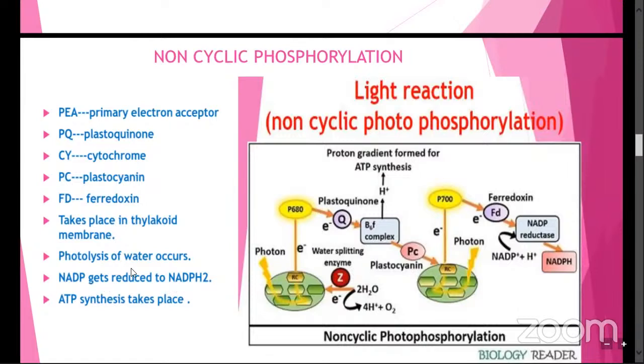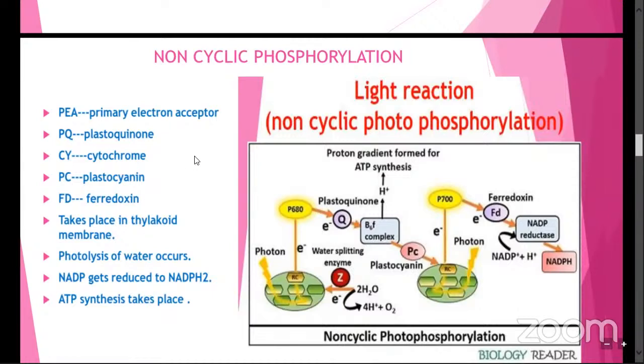The first one is photolysis of water, and the next is NADP gets reduced to NADPH2. Then ATP synthesis takes place. That means phosphorylation in the presence of light. That's why it is photophosphorylation. So these are the important events of non-cyclic photophosphorylation.